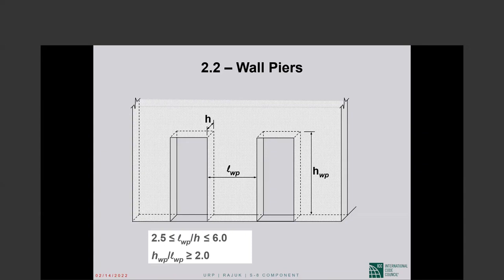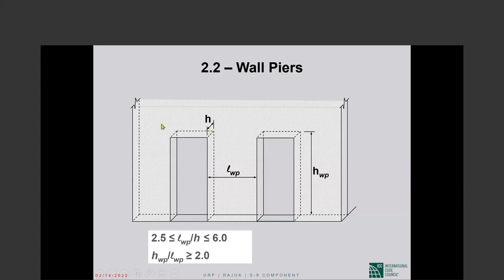When you have openings in your walls, and in parts of the United States, quite popular is what is called tilt-up construction. You cast the walls on the slab on grade. Assume the slab behind the wall.